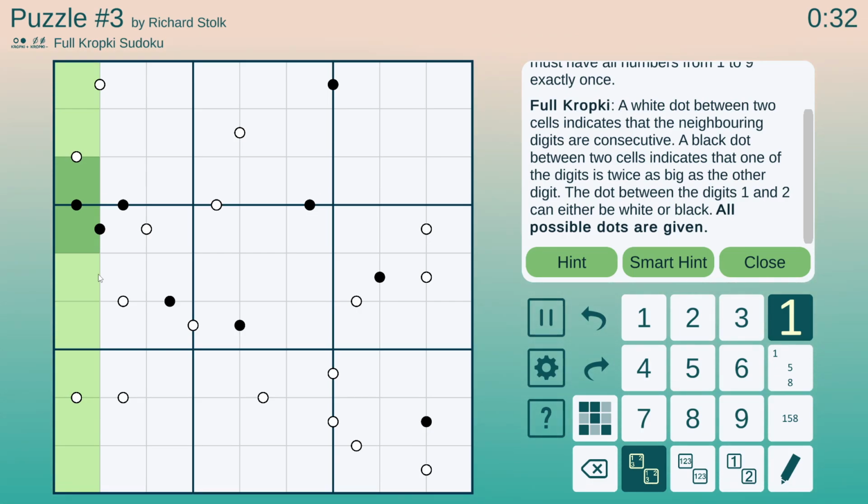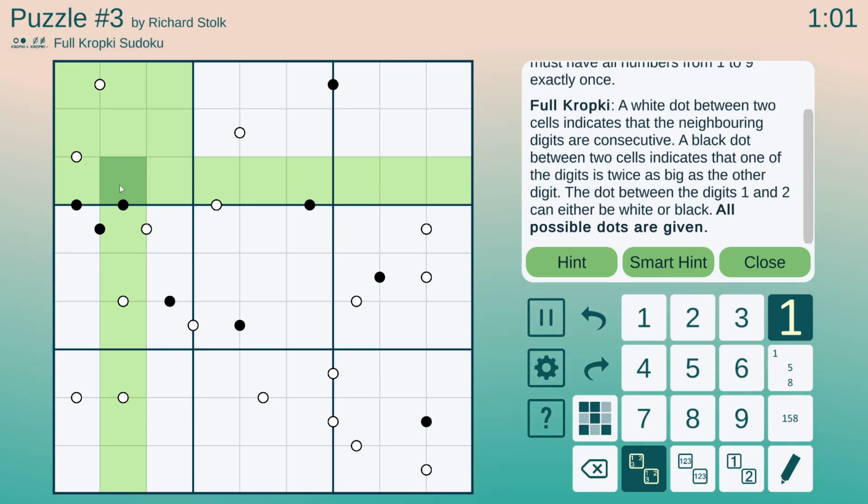So the big thing here is that this can't be 3, 6, 3, 6. Wait, can it? That seems not right. Could this really be 3, 6, 3, 6? Huh.